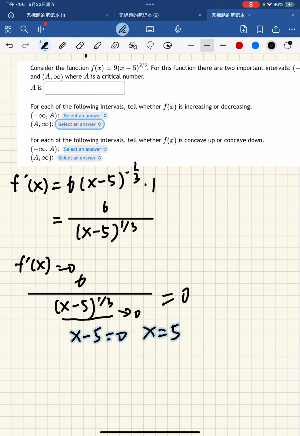So to verify that when x equals to 5 it is a critical point, because when x equals to 5, the derivative will equal to 6 over 0. And we can know that doesn't make sense. So the derivative at x equals to 5 does not exist.